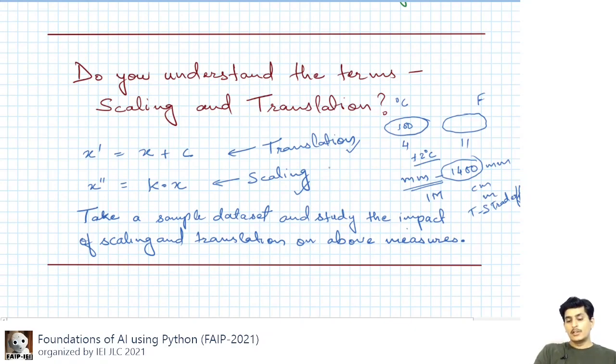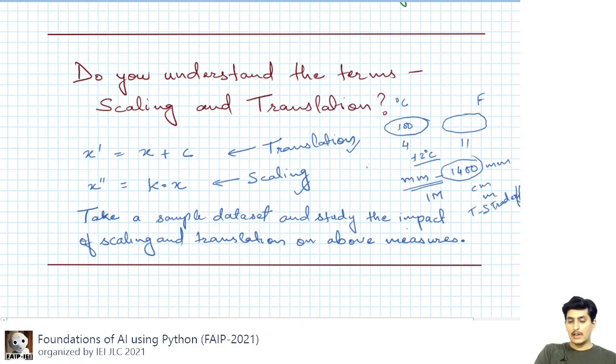Fine. So now that you've understood translation and scaling, what I want you to do after this class is take any random data elements, 5 numbers, 10 numbers, and on those 10 numbers, first try to find their mean and standard deviation. Then scale them by a factor of 2, 3, or whatsoever.